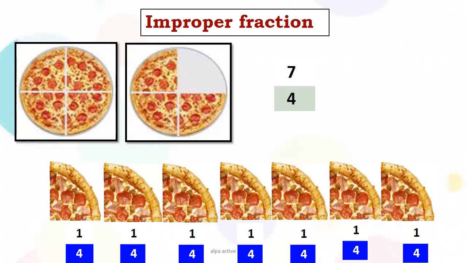That means I ate 1, 2, 3, 4, 5, 6 and 7 1/4 parts. Got it? I ate 7 1/4 parts, and so if I add this, I will get my answer 7 upon 4. So this is known as improper fraction, where numerator is greater than the denominator. जब कभी न्यूमरेटर डिनोमिनेटर से बड़ा होता है बच्चों, we call it an improper fraction.